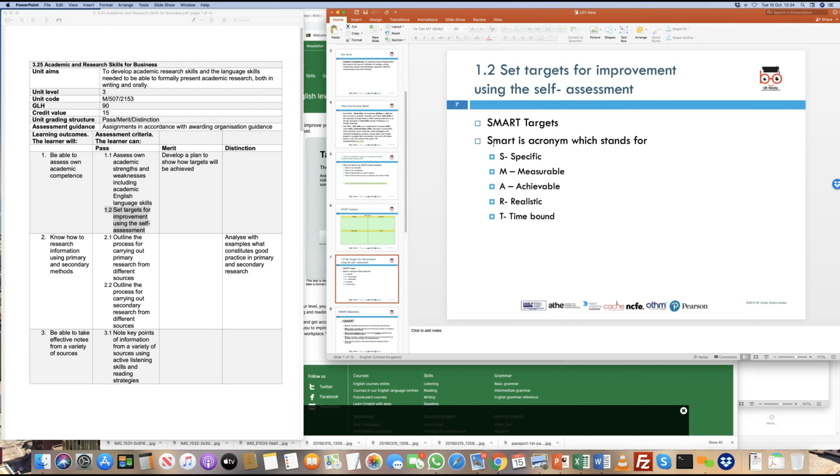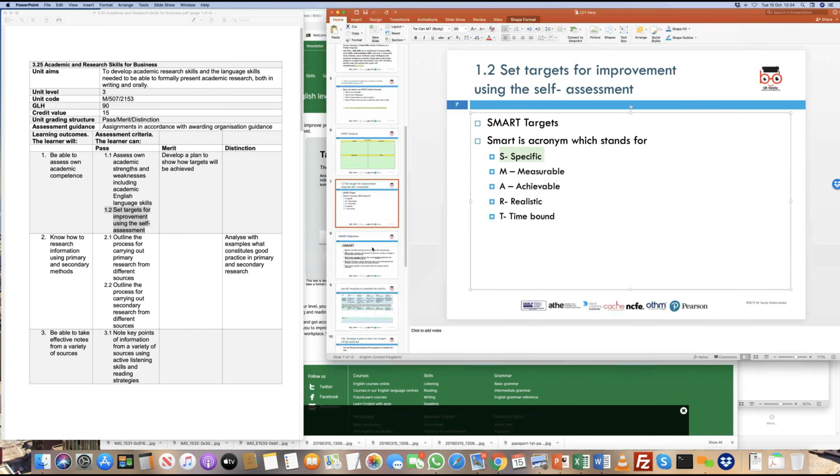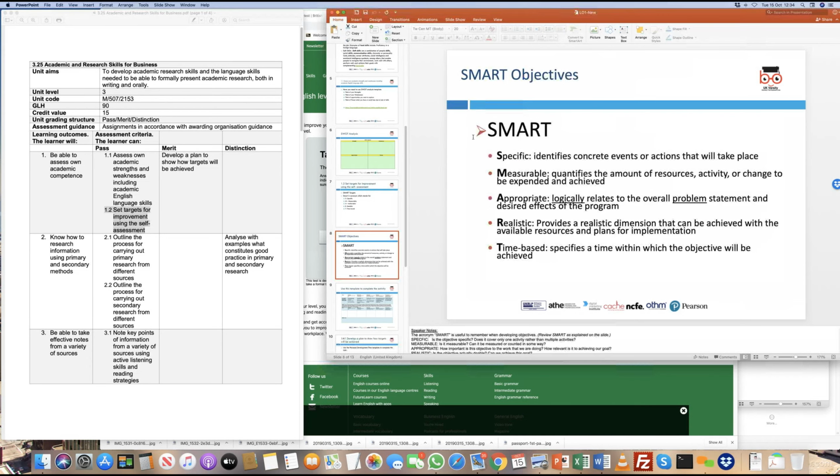SMART is an acronym which stands for S, specific, M, measurable, A, achievable, R, realistic, and T, time bound. You're trying to set some specific targets for improving your English language skills, and when we look at setting a self-assessment target, you have to use SMART as terminology to be able to do this.